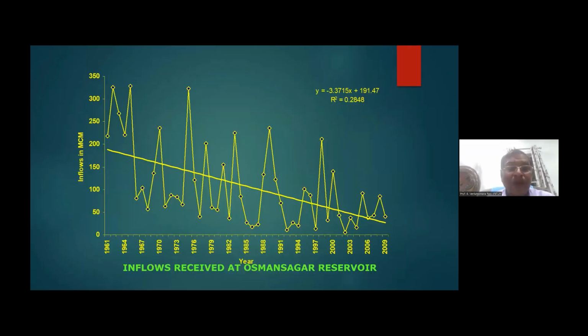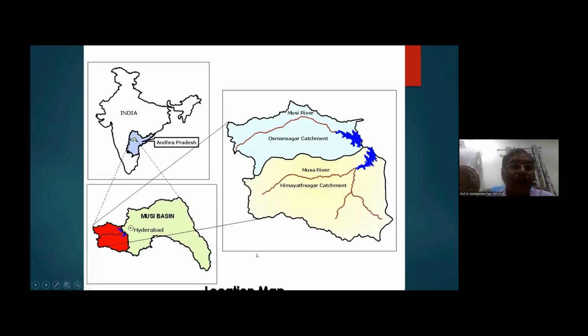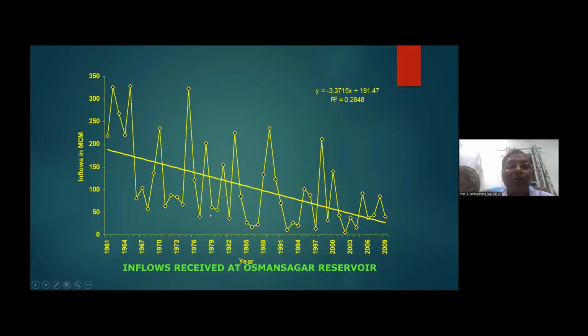For example, we have calculated inflows received at the Usman Sagar reservoir. This is the reservoir. In the total map, it is here. Another reservoir is this one. This is Usman Sagar, and this is Himayat Sagar. You can see the Usman Sagar catchment and the Himayat Sagar catchment. Since these two reservoirs are nearby, you can see the total inflows received are gradually decreasing.